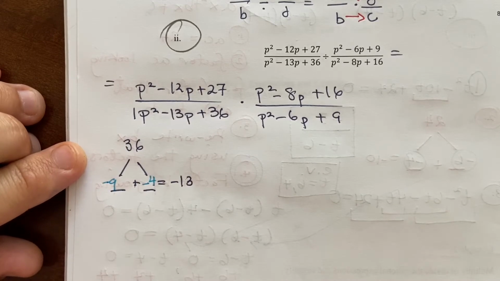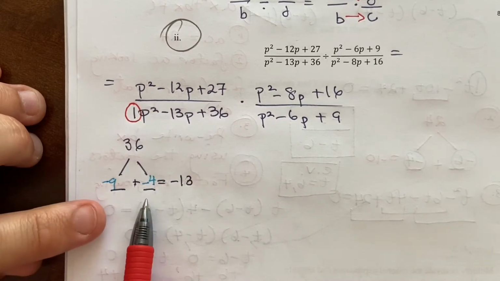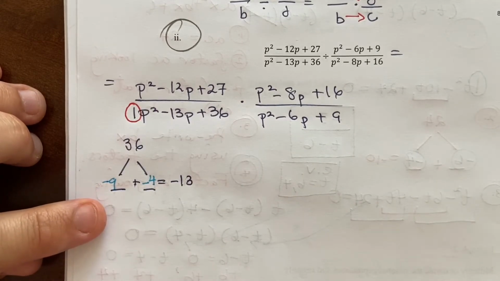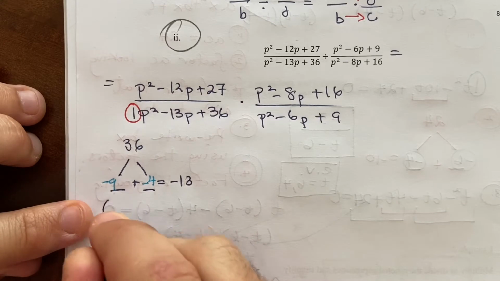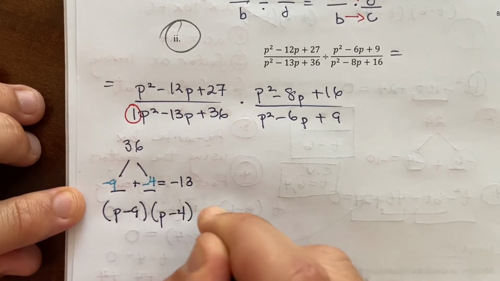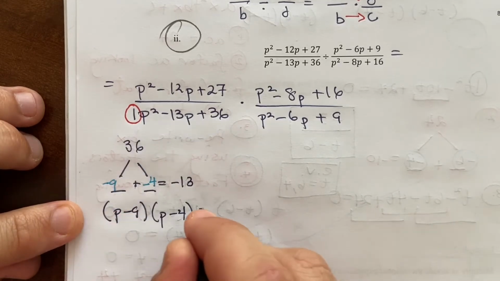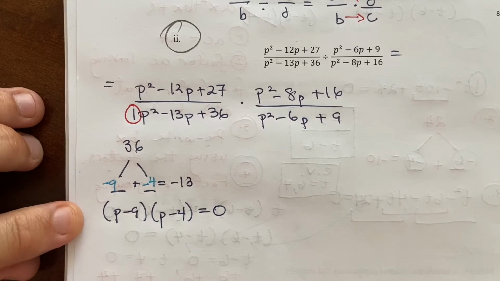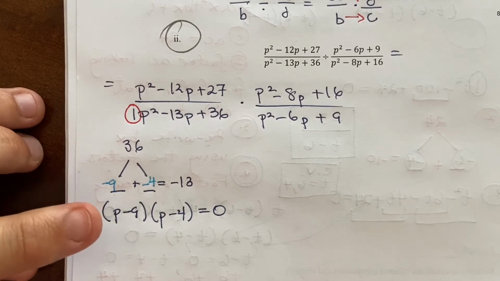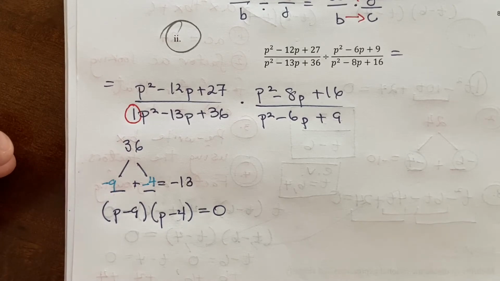Since this is a case where a is 1, I can now quickly write down this factorization as p minus 9 times p minus 4. I know that's what this thing is in factored form. Setting that to 0 and solving will state some of the excluded values for this problem, right?